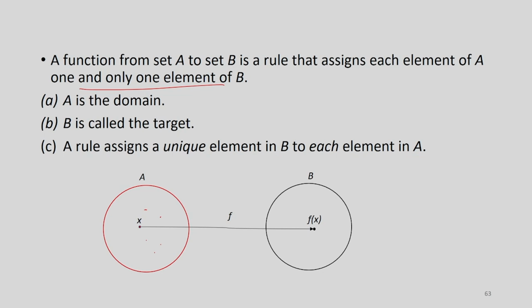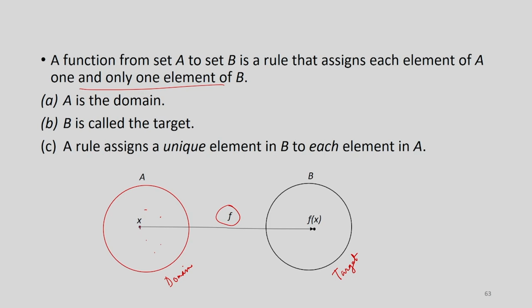So, A is called the domain, we have seen this. So, here A is the domain, B is called the target, domain set, target set. A rule assigns a unique element in B to each element in A, and that rule is the function f.